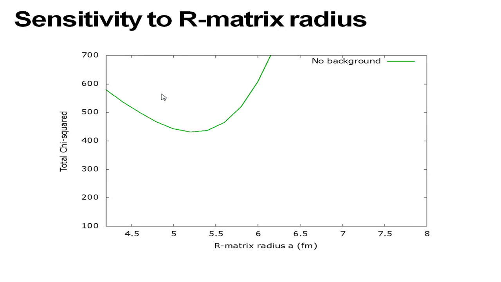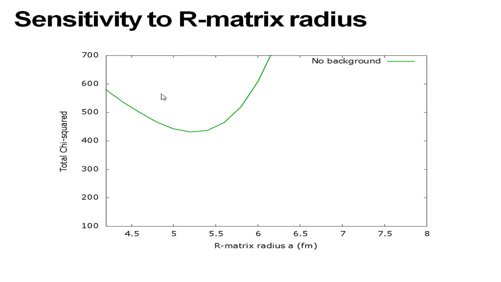It has a nice, sort of parabolic type minimum at about 3 femtometers. This is a sensible sort of distance for being outside the range of the nuclear interaction, or the interaction of the central nuclear potential. But you can see there is this distinct minimum.